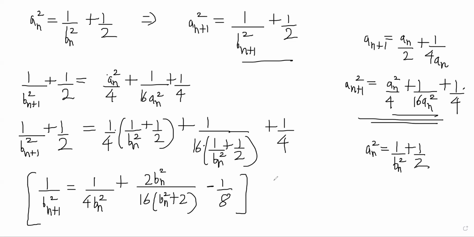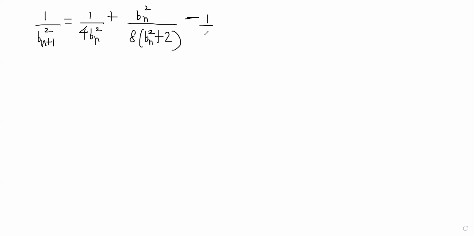You should check the calculations yourself as well, right? Again, simplifying it a little further, I'll write it on the next screen. We have so far 1 by bn plus 1 square is equal to 1 by 4 bn square plus bn square by 8 bn square plus 2 minus 1 by 8.